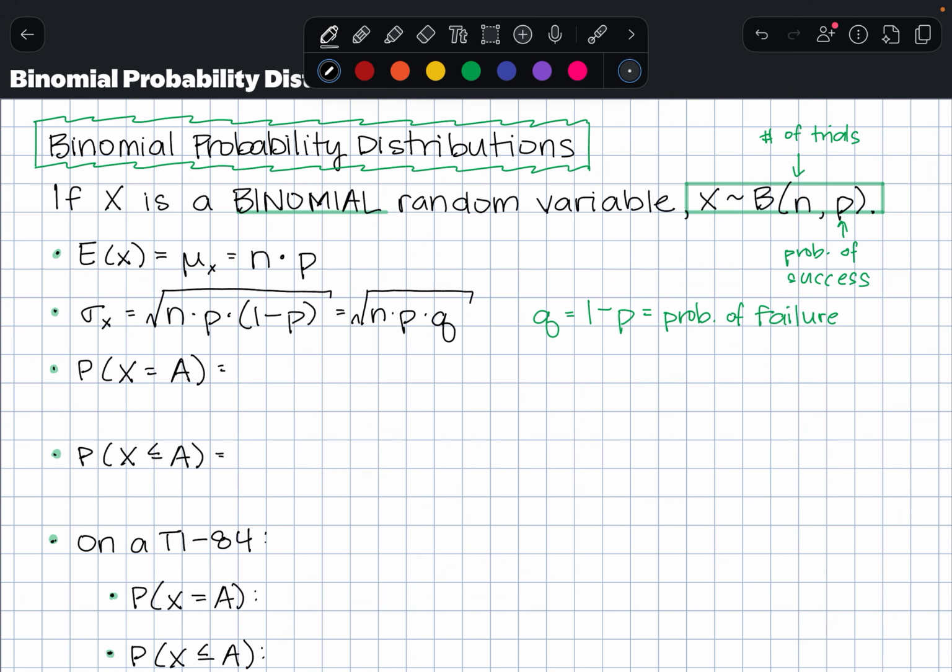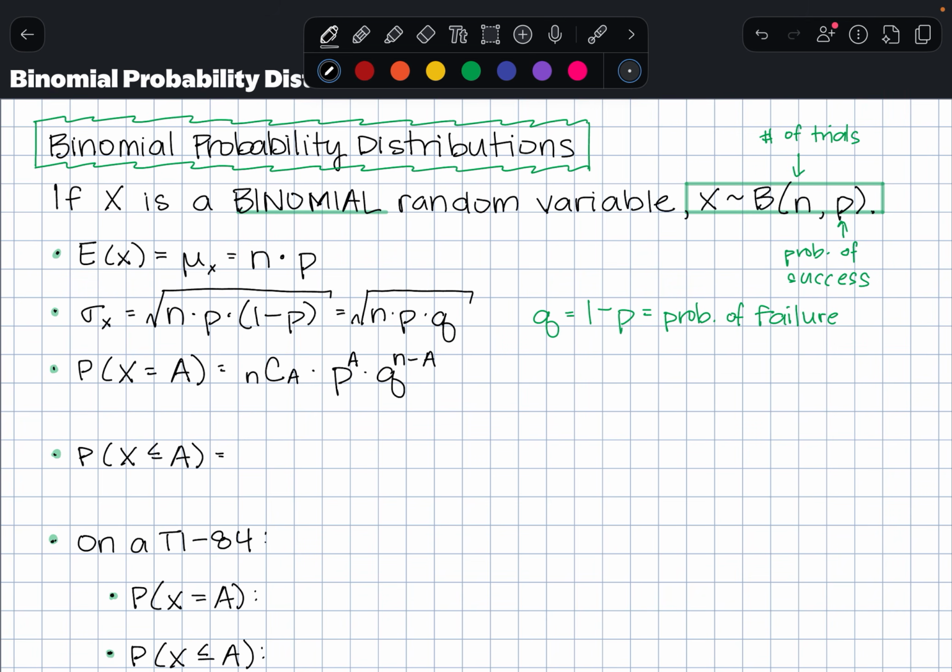So that's a single value for x, and we use nCa times p to the a times q to the n minus a.